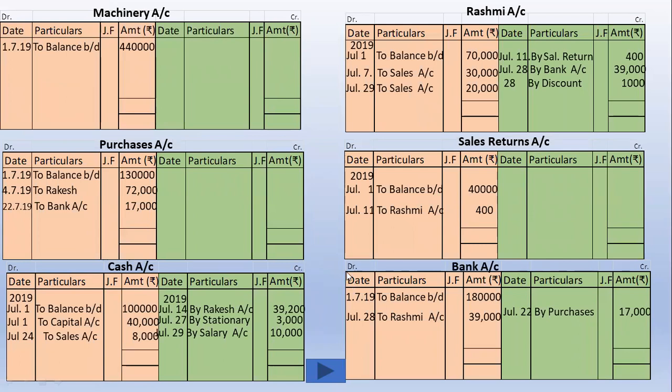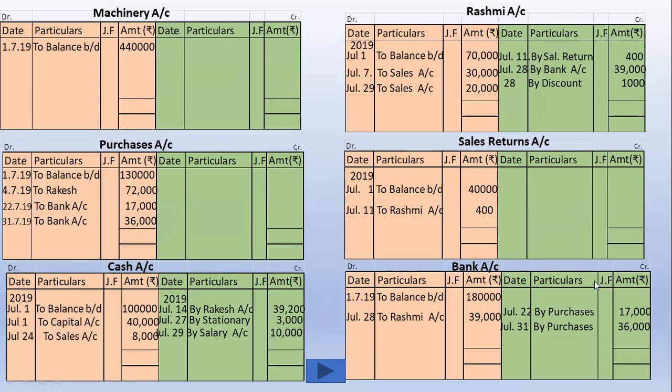Purchases account debit side rupees 36,000. See, in purchases account to bank 36,000, and in bank credit side by purchases rupees 36,000. With this, we complete the example.